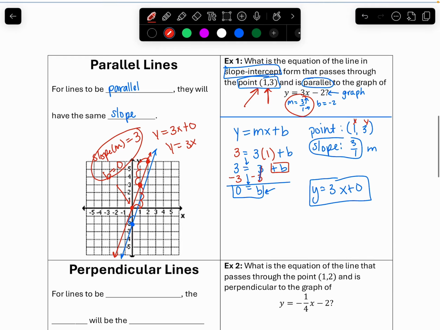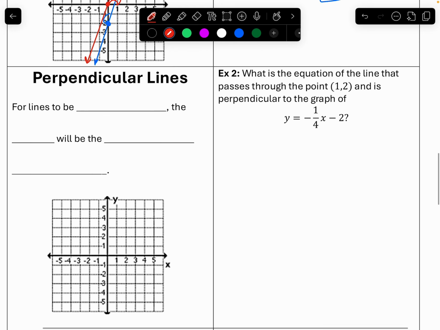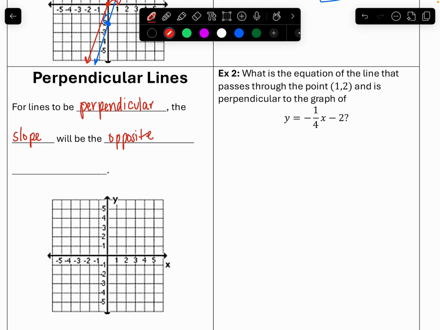Now for this one, perpendicular lines. For lines to be perpendicular, the slope will be the opposite reciprocal. Opposite just means opposite signs.